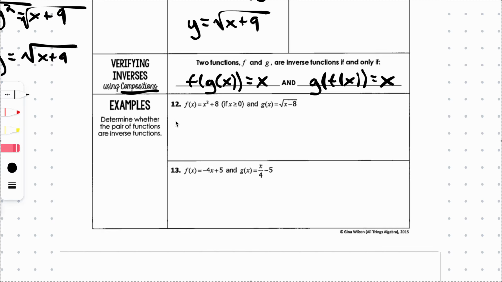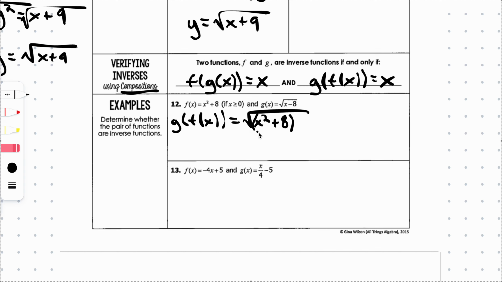So first of all, let's compute g of f of x. Remember, this means anytime we see an x in the g of x function, we want to plug in our f of x function. So we have the square root of x squared plus 8.